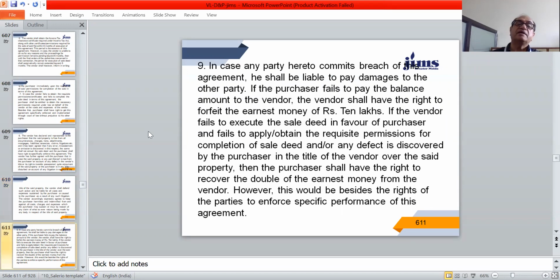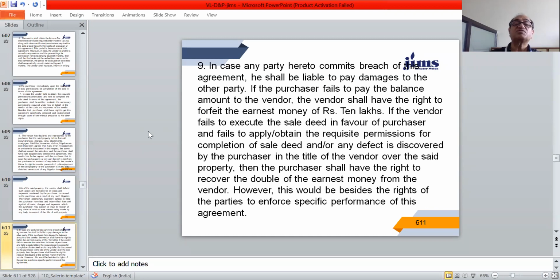Para 9. In case any party hereto commits breach of the agreement, he shall be liable to pay damages to the other party. If the purchaser fails to pay the balance amount, the vendor shall have a right to forfeit the earnest money of rupees 10 lakh.